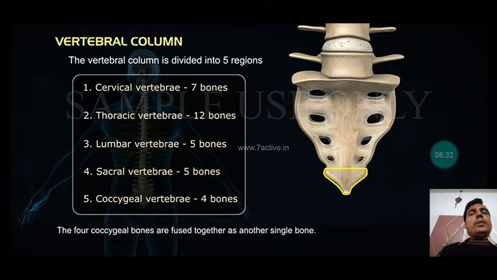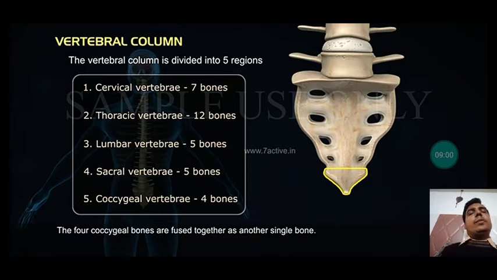The 4 coccygeal bones are fused together as another single bone: coccyx 1, coccyx 2, coccyx 3 and coccyx 4.